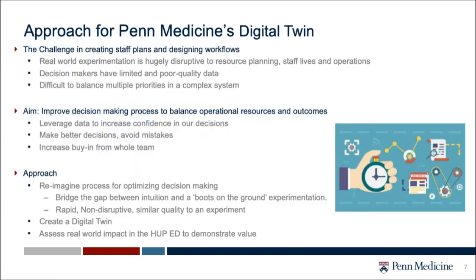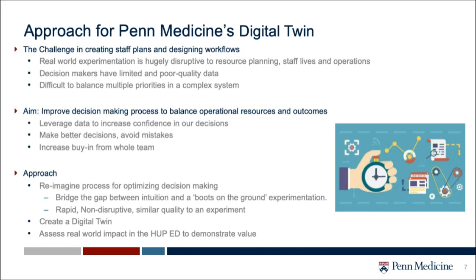So just to summarize some of the main challenges: real world experimentation is usually disruptive. The decision makers have limited data that they can look at. Anytime you're working with hospital data, you potentially have poor quality data. And it's difficult to balance all the multiple priorities in your head as you're doing that decision making.